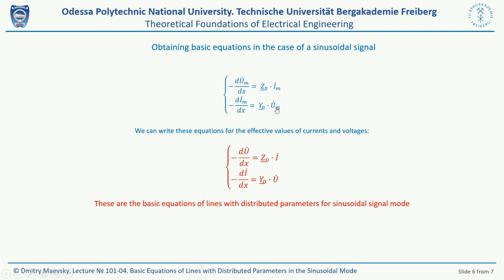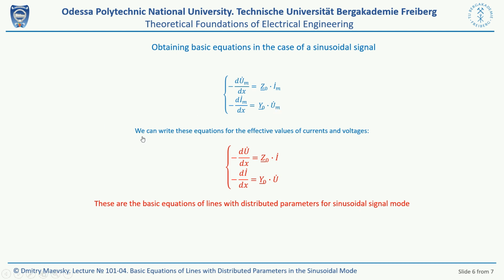It no longer contains the variable t, but determines the law of change in the complexes of currents and voltages depending on the spatial coordinate x, only the spatial coordinate. We can say that the variable t, time, is hidden in the complexes of amplitude value. After all, knowing these complexes, we can write down the functions of time corresponding to them.